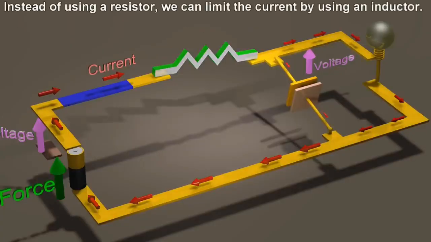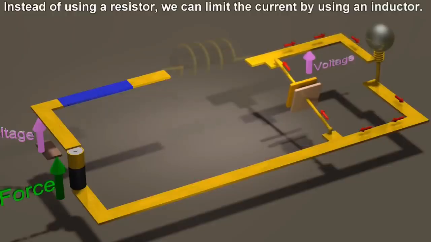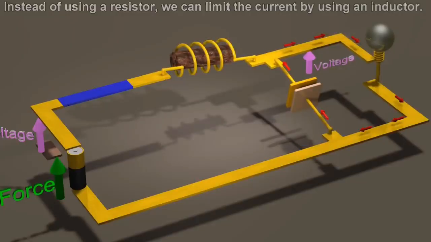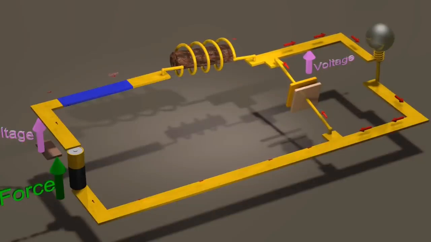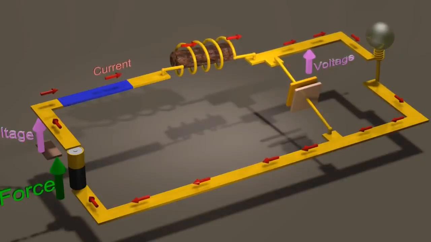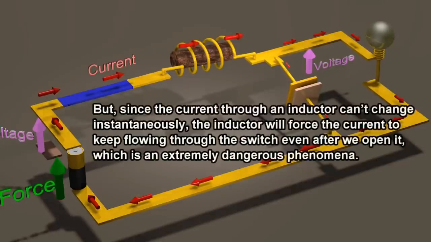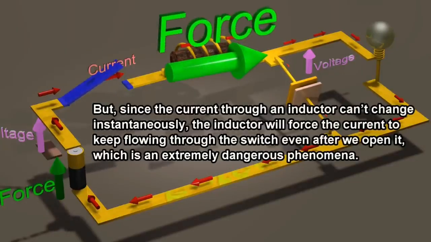Instead of using a resistor, we can limit the current by using an inductor. An ideal inductor does not dissipate energy as heat. But, since the current through an inductor can't change instantaneously, the inductor will force the current to keep flowing through the switch even after we open it, which is an extremely dangerous phenomenon.